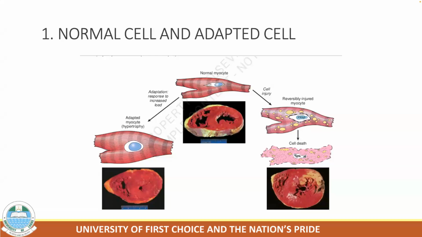And if adaptation is not corrected within a logical time frame, it could result in cell injury. And if the cell becomes injured to a certain extent, the cell may be irreversibly injured and go on to die. Okay, we'll look at how all of these mechanisms come together to lead on to what we have as disease processes.